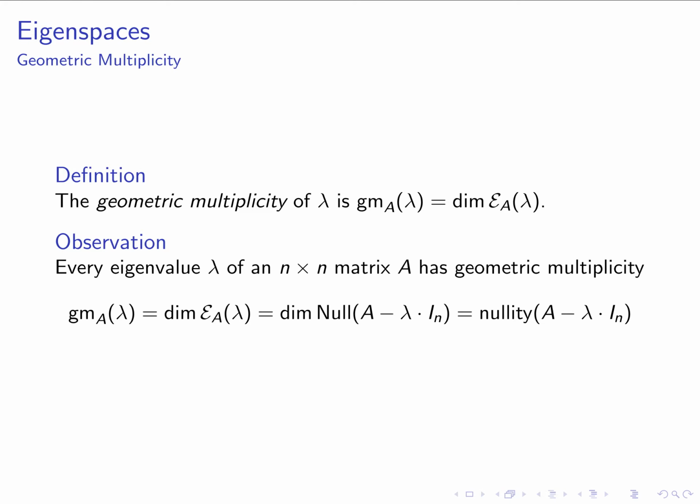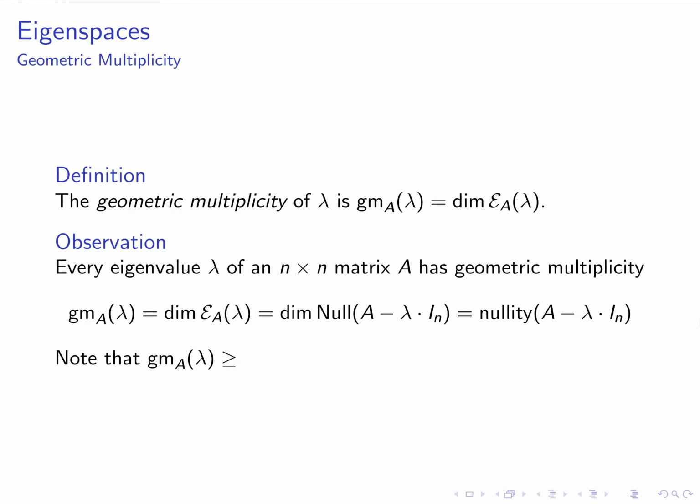Now, one observation to make is that the eigenspace is equal to the null space of A minus lambda I. And one thing we know about the dimension of any null space is that it is equal to the nullity of the matrix in question. So the geometric multiplicity of an eigenvalue is the same thing as the nullity of A minus lambda times the identity.